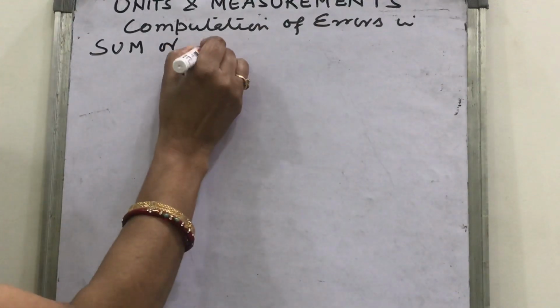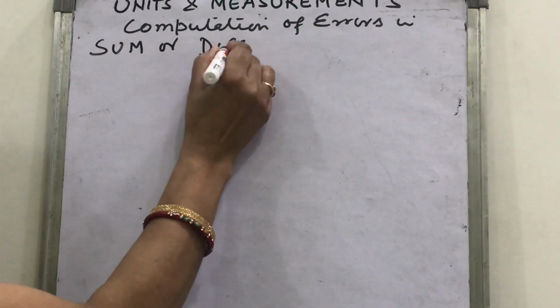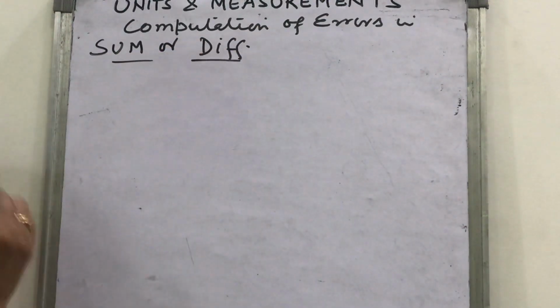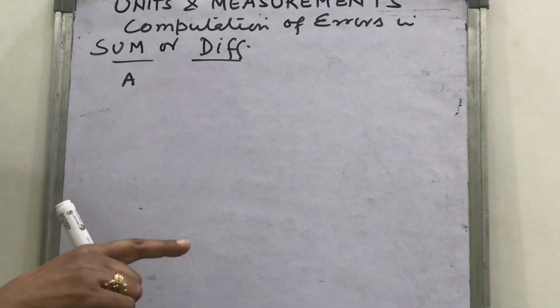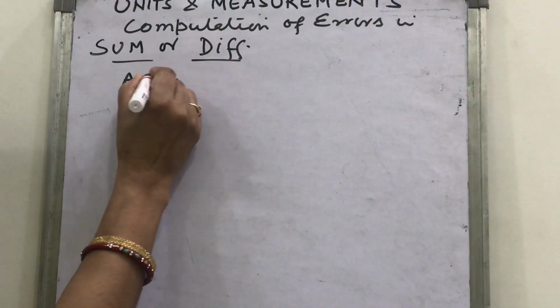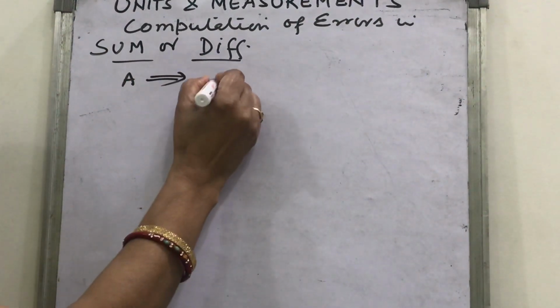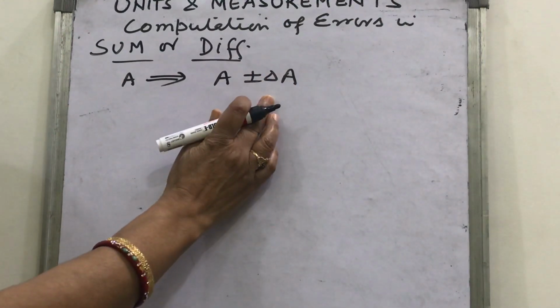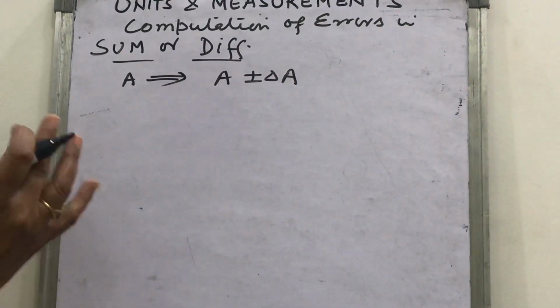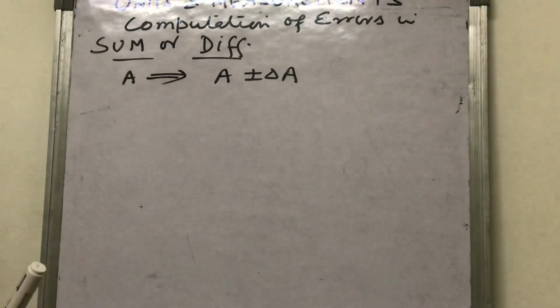in sum or difference. Look, suppose there is a quantity A, measured by a certain device, then its value is A plus minus delta A. Suppose you measure a length by a scale, and that length is, say, 1.6 meter.